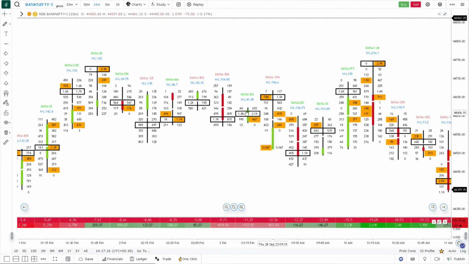Right? Now we are going into delta and cumulative delta. So what is delta? Again, I have given a touch up on this in the initial stages. Delta is nothing but the net difference between buyers and sellers.